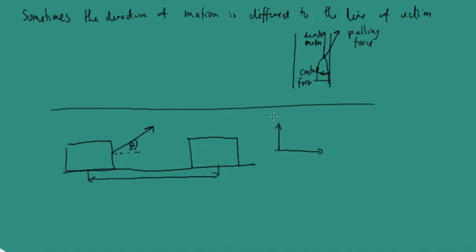We have the perpendicular, which is F sine theta, and we have the horizontal, which is F cosine theta. And because we want the component of the force in the direction of the motion, it's this force which we're interested in. So the work, when you resolve the components, is going to be F times D times cosine theta.